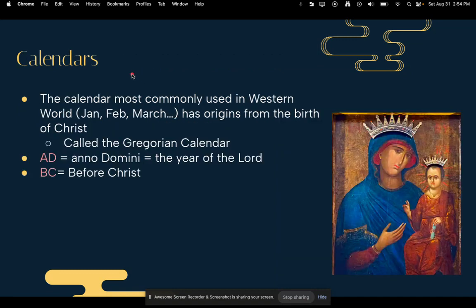Yes, that's right. The calendars that we most commonly use in Western society, the ones with January, February, March, have their origins from the birth of Christ. These are called the Gregorian calendar. AD used to mean Anno Domini, which was the year of the Lord, and BC used to mean before Christ.